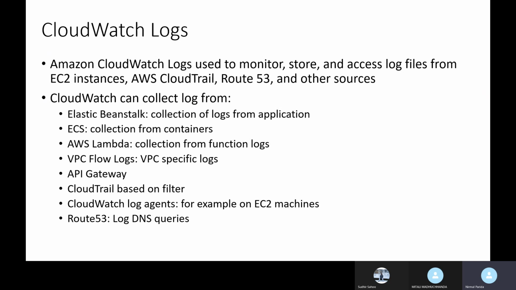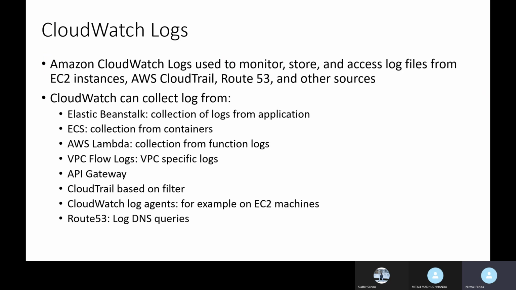So Amazon CloudWatch logs used to monitor, store, and access log files from the EC2 instance, your AWS CloudTrail, Route 53, and other resources. CloudWatch can collect logs from Elastic Beanstalk, the collection of logs from applications, or ECS. ECS is a container-based service, collection from all the containers, and AWS Lambda. From the Lambda also, it will collect the logs.